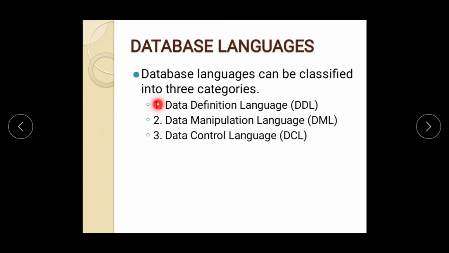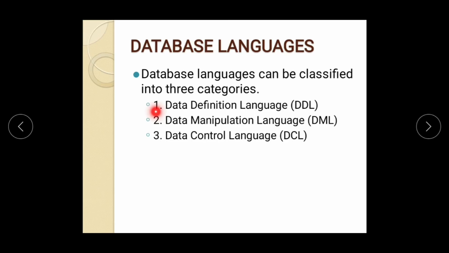Such a language is called a data definition language. This data definition language is not dealing with the data. It is dealing with the database schema or database structure. Database structure means how a database must be present, how it must be viewed, and what attributes must be there.